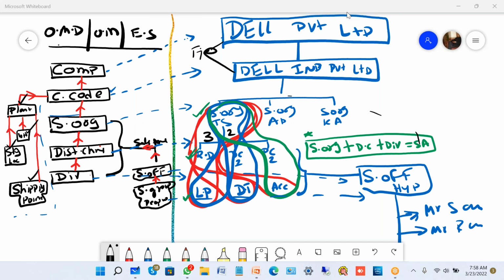I want you all to take a company from your side. Take any company out of your understanding and draft the hierarchy on a paper like this, as I have made here. That company should be the base for you to practice from your side, and Dell as a company is the base for me to show every customizing and execution from my side.